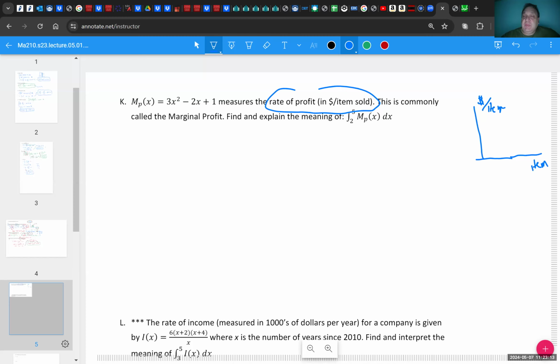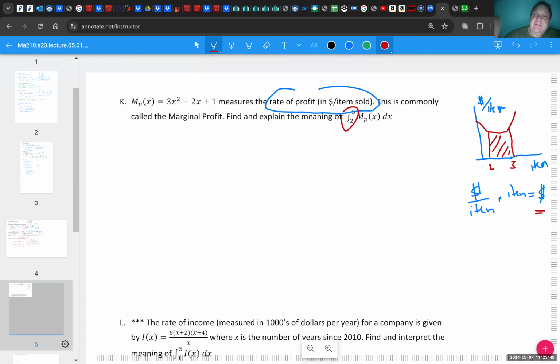So then when I multiply dollars per item times items, I get dollars, right? In this case, we have a parabola function. I don't know exactly what it looks like. We'll just pretend it looks something like this. So between 2 and 5, we have a particular area, and we're interpreting that area as the amount of money.